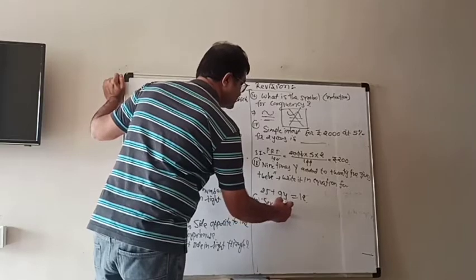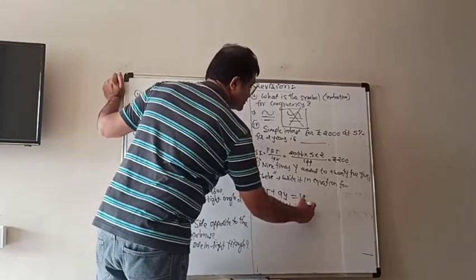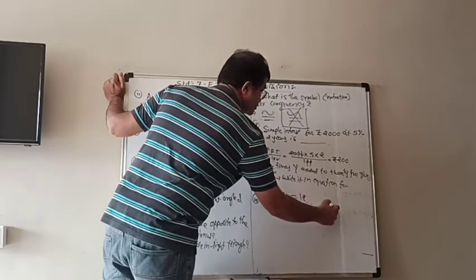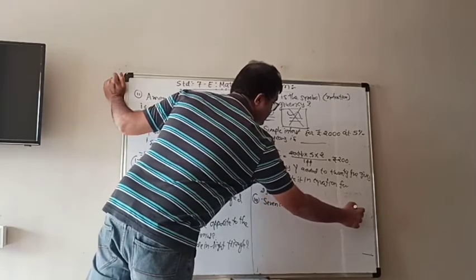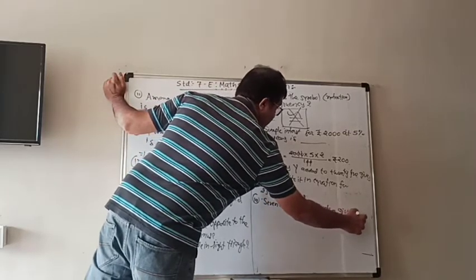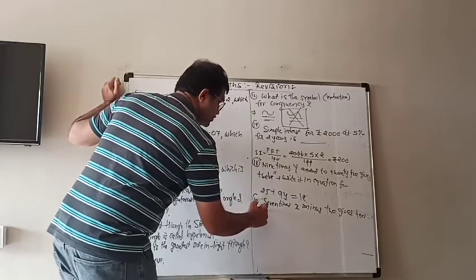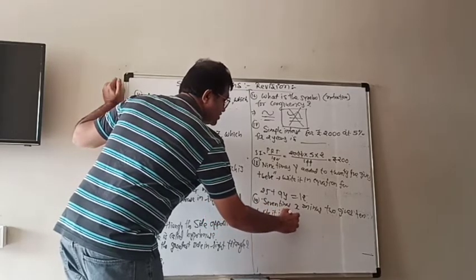Next. 7 times x minus 2 gives 10. Also write it in equation form.